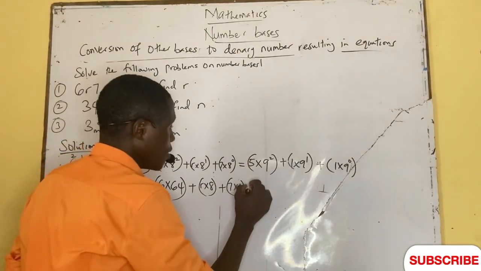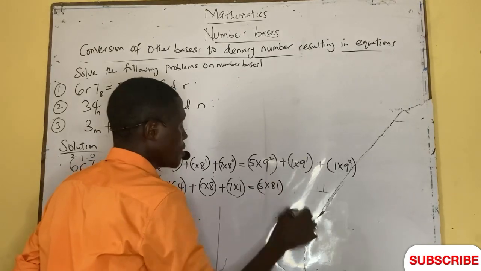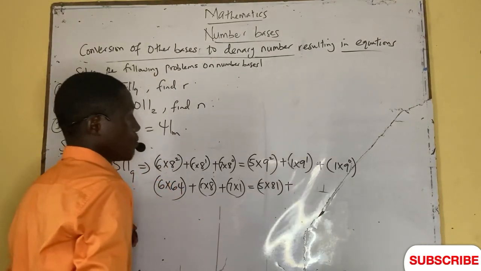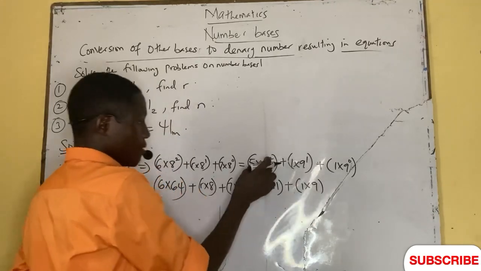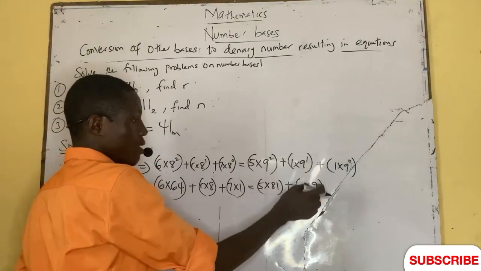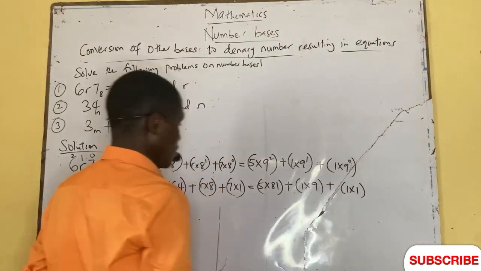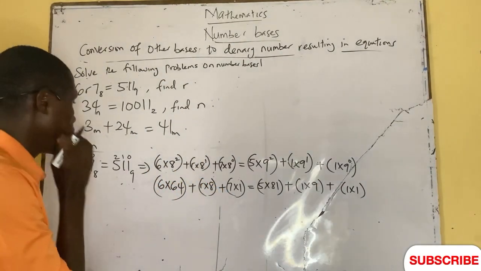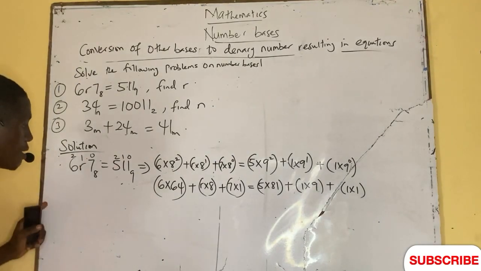So that equals 5 times 81, plus 1 times 9. I hope you are following. 9 squared is 81, 9 raised to the power 1 is 9, plus 1 times 1. Let's quickly move to this place because of our space.